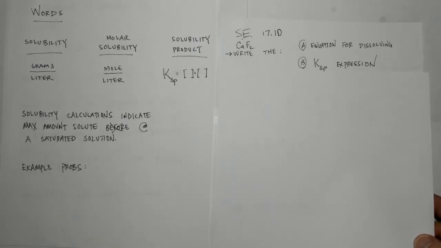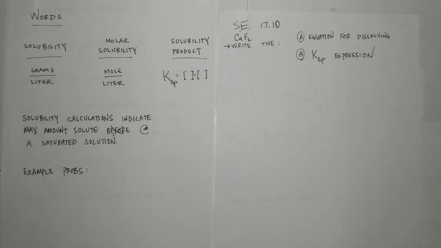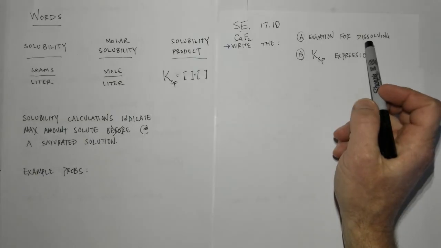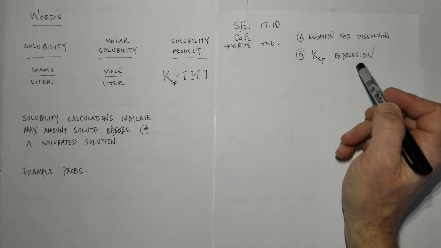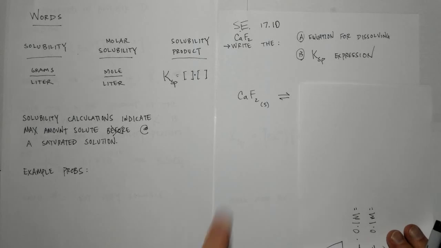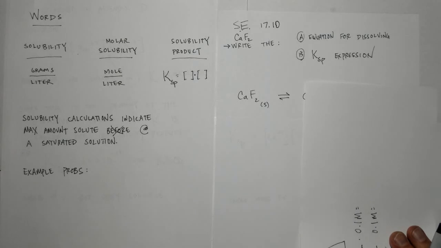Here's one example problem. This is sample exercise 17.10, and it says, take the fairly insoluble salt calcium fluoride, write the equilibrium equation for dissolving, and then write the KSP expression. First, take calcium fluoride, solid, put a double arrow, and split it up into its ions: calcium, and 2 fluoride ions.